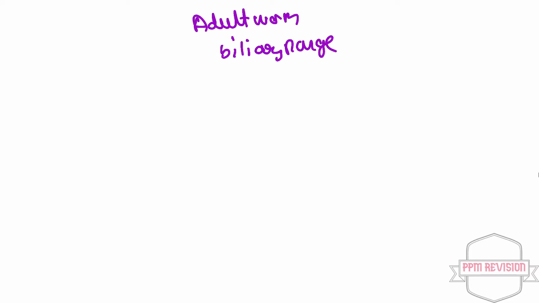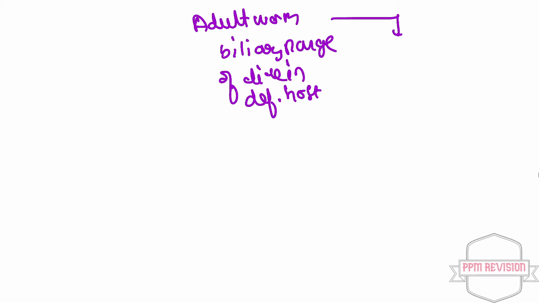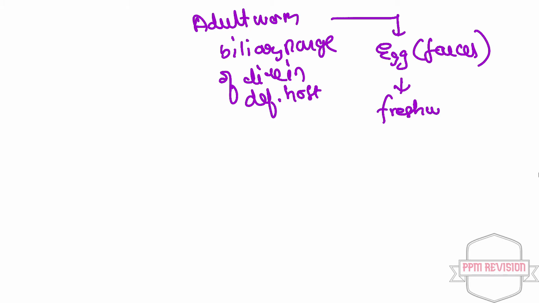Life cycle is nothing but the adult worm lives in the biliary passage of liver in the definitive host. Then the egg is passed in the feces and moves on to the fresh water, and the embryo is present.